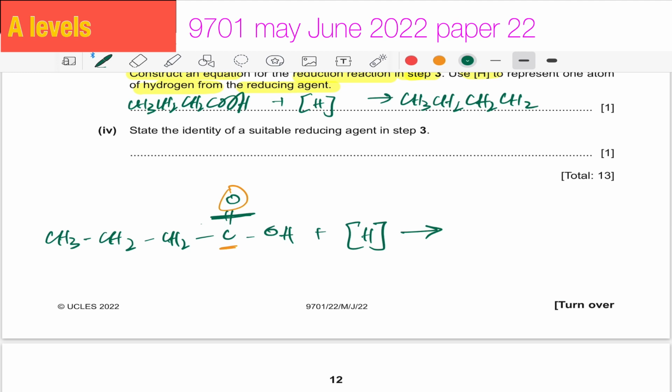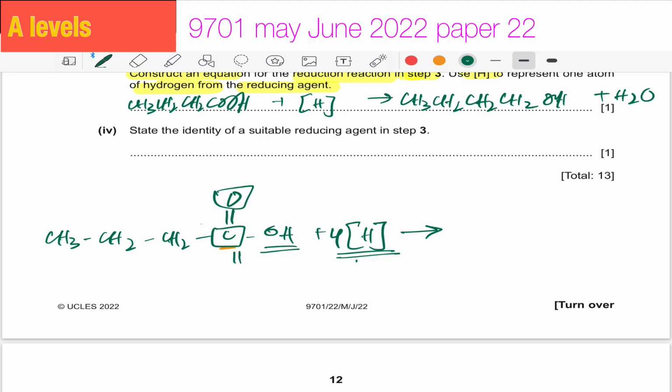So this also becomes CH2 and we get OH, right? So OH was already there, but this oxygen will be lost, right? And this oxygen will combine with 2 hydrogens to form H2O. So that means in total 4 hydrogens are being used. 2 of these hydrogens will be attached to the carbon, and 2 of the hydrogens will be attached to oxygen. The double bond which we have here, both this carbon and oxygen will gain 2 hydrogens, right?